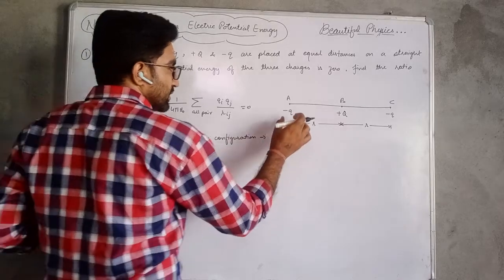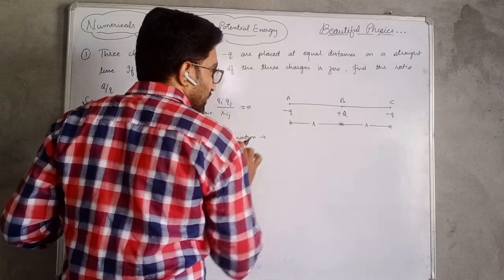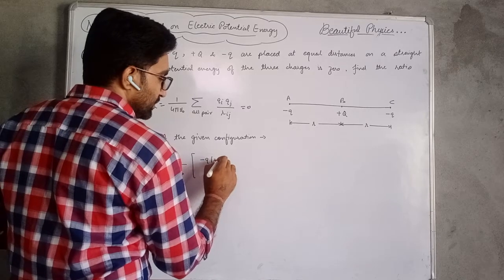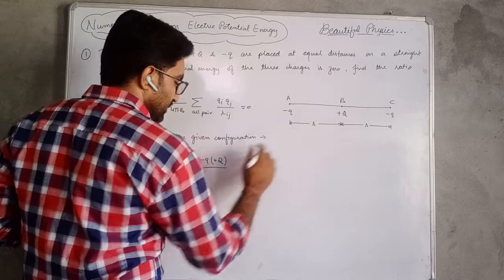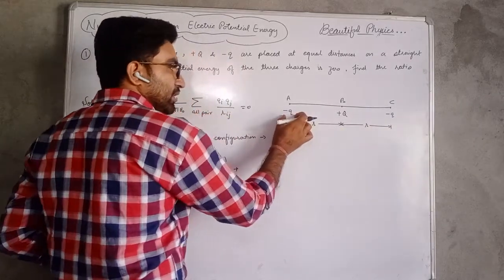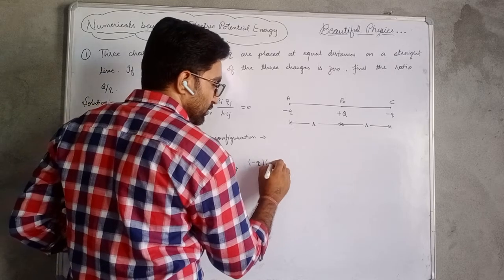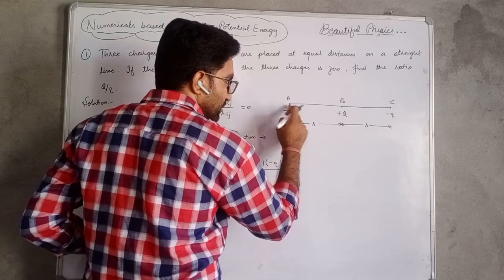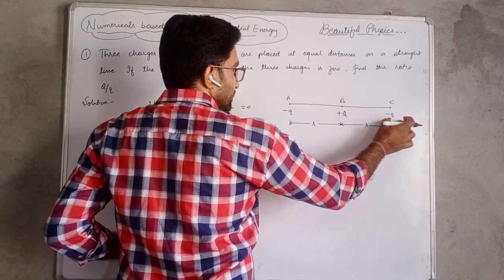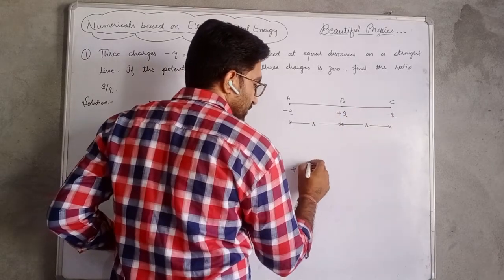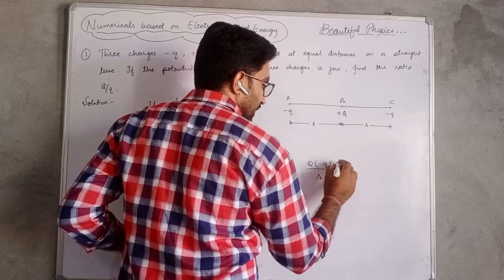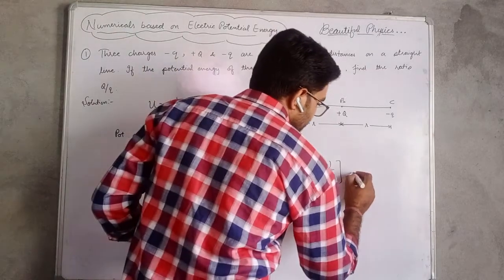First, the potential energy of plus q charge in the influence of minus q charge will be minus q multiplied by plus q divided by the distance between these two charges, r, plus the potential energy of minus q charge due to this minus q charge will be minus q into minus q upon the distance between these two charges, which is r plus r, equal to 2r, and next is the potential energy of minus q in the influence of this plus q charge, which will be plus q into minus q divided by the distance between these two charges, again r. Okay, and it is given that this quantity is equal to 0.